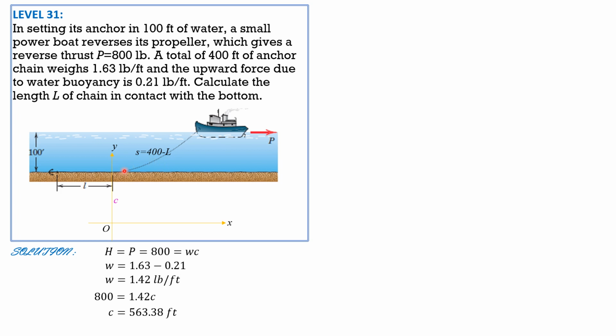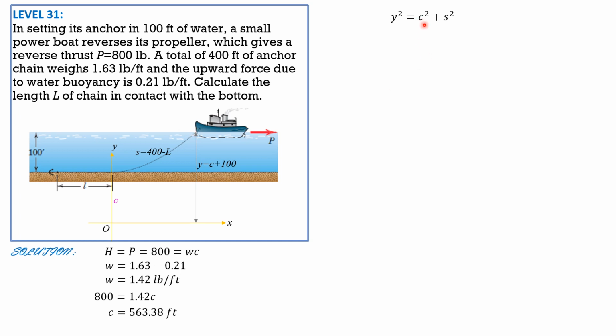So that's the remaining length of the cable, 400 feet total minus this length L here as our guide. So Y square equals C square plus S square, where Y is C plus 100 at this point.